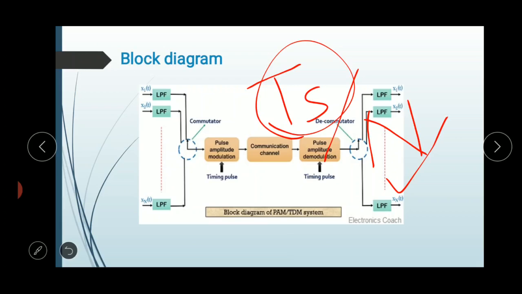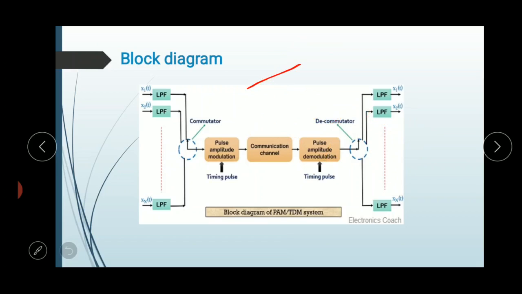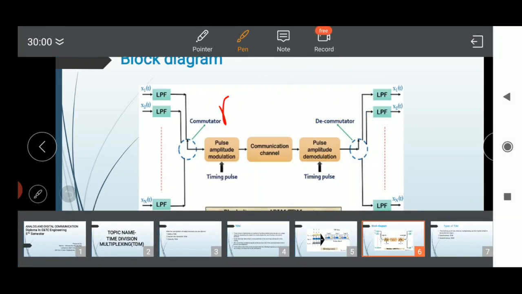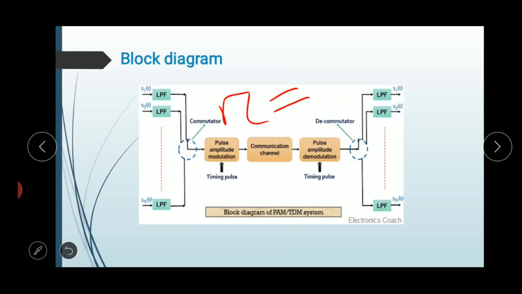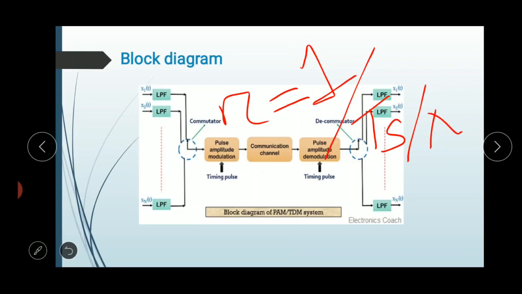Pulse frequency, meaning the number of pulses per second, is also known as the signaling rate, denoted as R. So the signaling rate R equals 1 by the spacing between two samples, that is Ts by N. So R equals N by Ts.